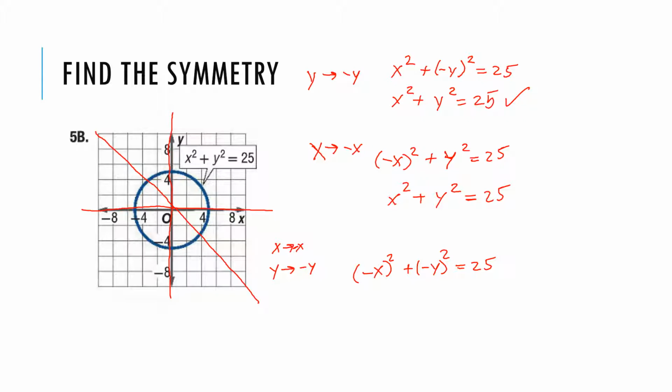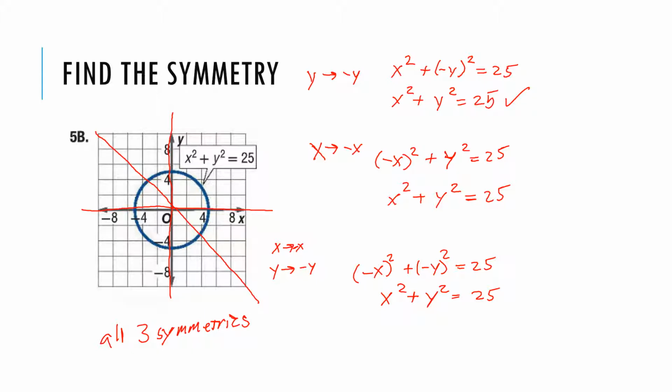And then both of these negatives will go away, and I'll still end up with x squared plus y squared equals 25. So this has all three kinds. This has all three symmetries.